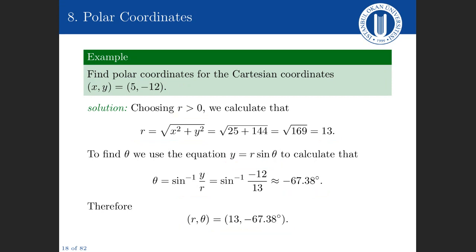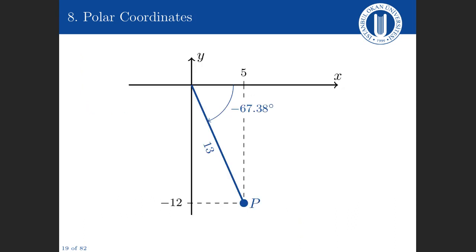You'll notice that to avoid confusion, every time I write coordinates, I'm either writing x, y is equal to some numbers or r, theta is equal to some numbers, which I hope makes it clear when I'm talking about Cartesian coordinates and when I'm talking about polar coordinates. Just to make sure that our answer makes sense, we could draw the picture.